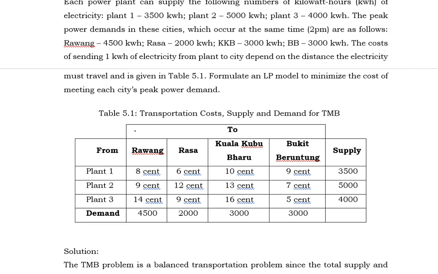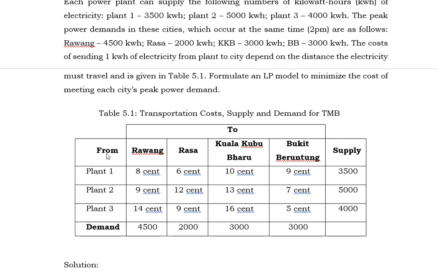This table summarizes the problem. We have 3 supply points. Let's label the supply points: i equals 1, i equals 2, and i equals 3.